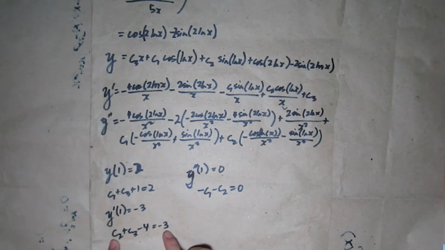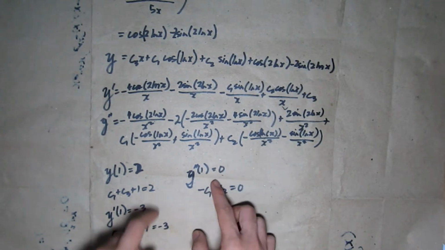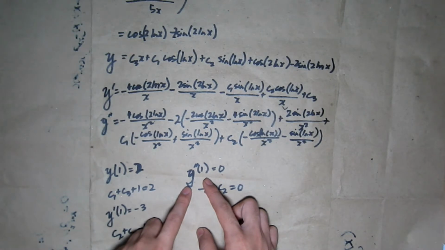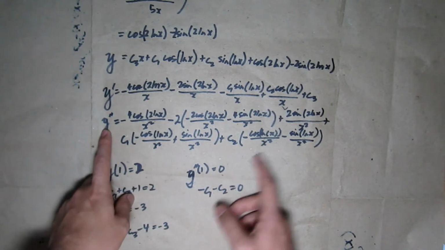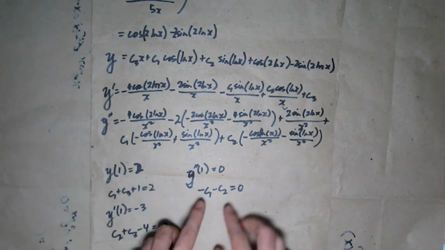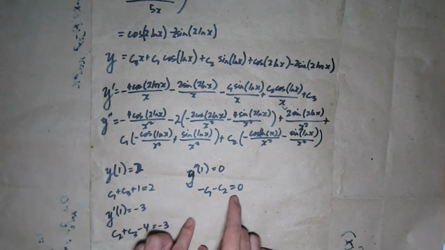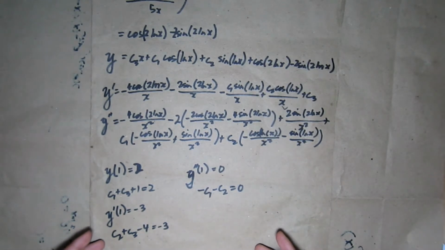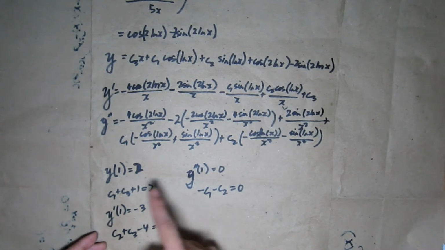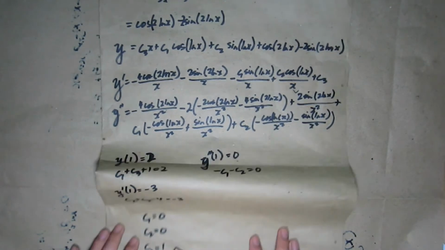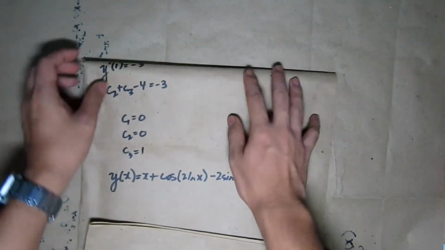We have c sub 2 plus c sub 3 minus 4 is equal to negative 3. And then likewise, we use y double prime of 1 is equal to 0 in the expression of y double prime, and we have negative c1 minus c2 is equal to 0. Solving these three equations, we achieve these values. C sub 1 is equal to 0, C sub 2 is equal to 0, and C sub 3 is equal to 1.